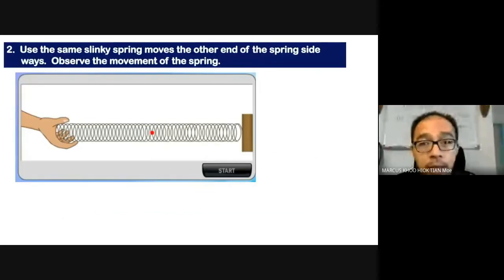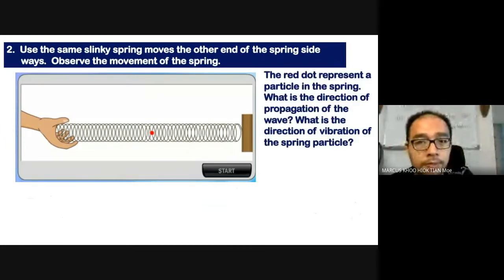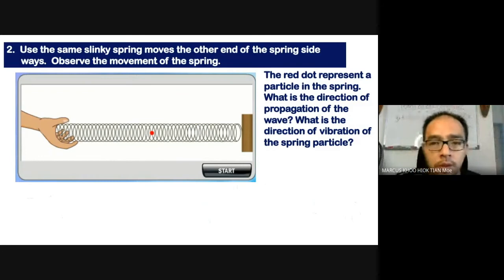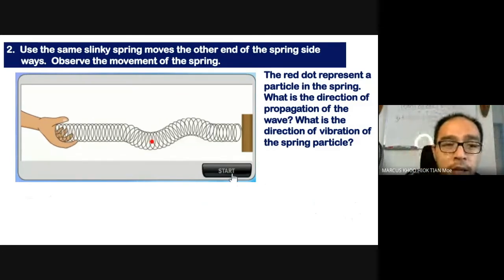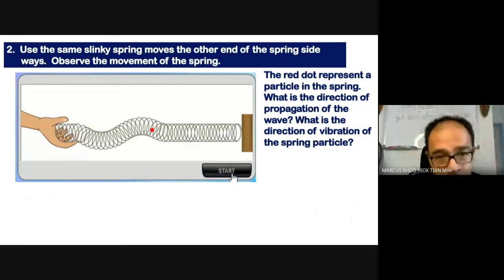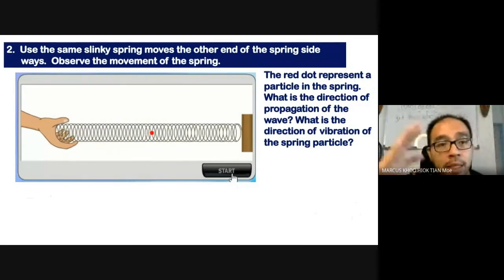Now let's look at the other type of wave, which is not longitudinal. I think it's called transverse. Now you see that the thing is going up and down, up and down.